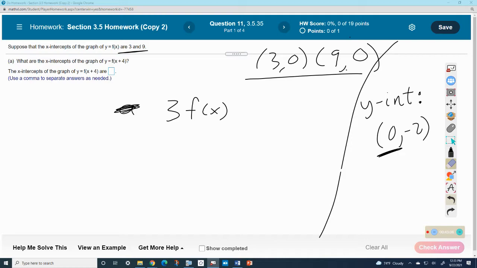What would that do? What is the 3? You multiply it by the y. Multiply all the y's by 3, right? But then you multiply that by 3 and that by 3, but what would happen? It would still be 0. So this would not change the x-intercepts at all. The x-intercepts would still be what they are.